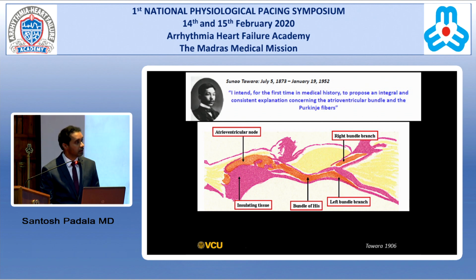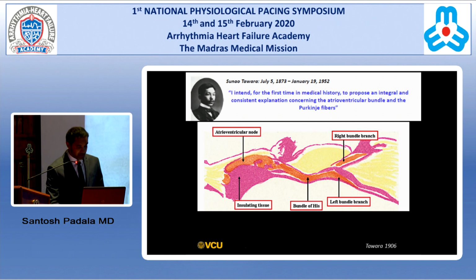It was not until 1906 when Tawara, a Japanese pathologist, for the first time described the existence of specialized myocytes which make up the cardiac conduction system axis. This is the original publication figure from 1906, and you can see the specialized conduction system axis in orange. You can see the AV node continues as the His bundle, which you can divide into three parts: the non-penetrating portion, the penetrating portion, and the branching portion into right bundle and the left bundles.